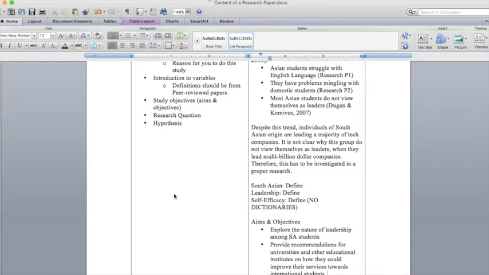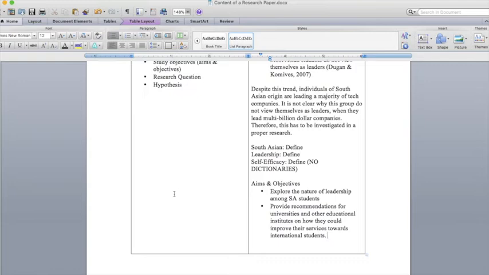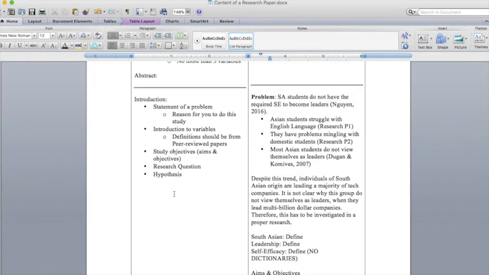These were two of the objectives that I had in my mind, and because of that, I wanted to do this study.